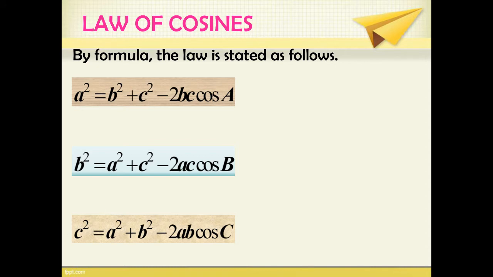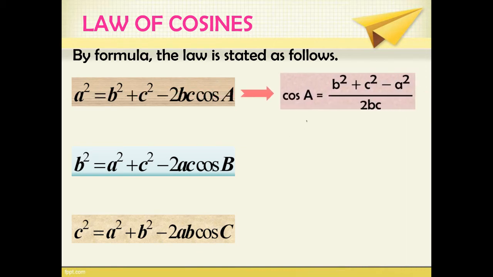Now, if we manipulate the formulas here on the left, we can get the formula for cosine A, cosine B, and cosine C. So if we try to manipulate this first formula, we will get the formula for cosine A, which is this one. So cosine A will be equal to b squared plus c squared minus a squared all over 2bc.